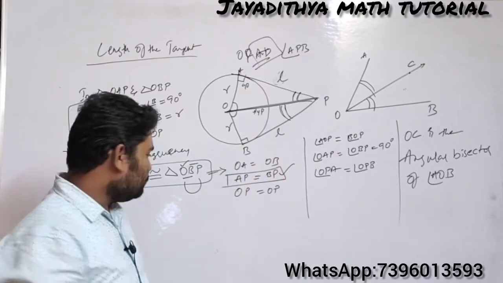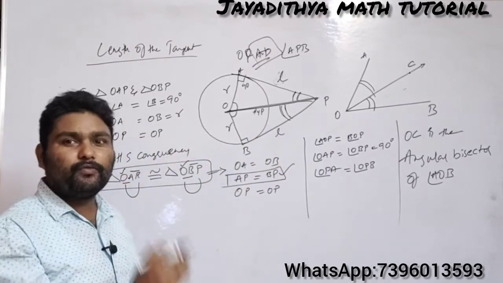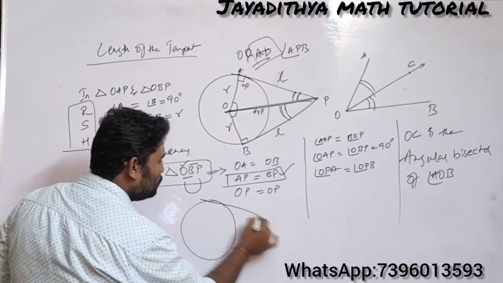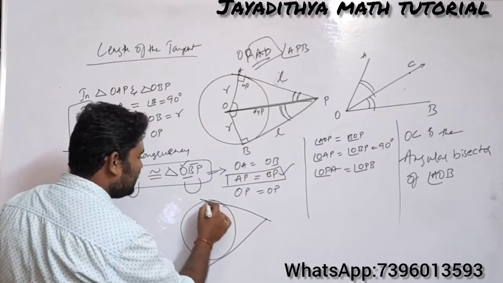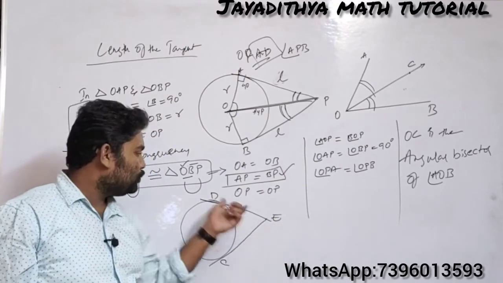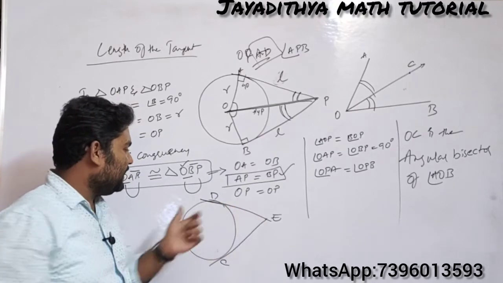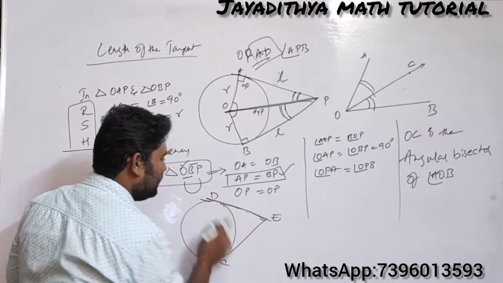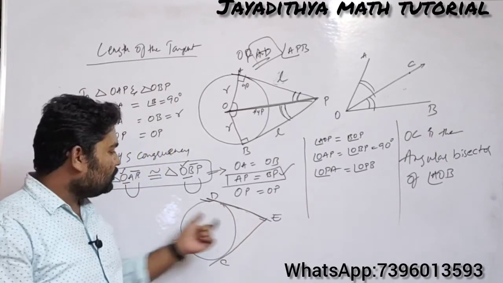And see here, from this statement one more statement we can develop. That is, for a circle, let us take these points as D and C and this point as E. From an external point E, two tangents are drawn, ED and the other one EC. So these two are the tangents.